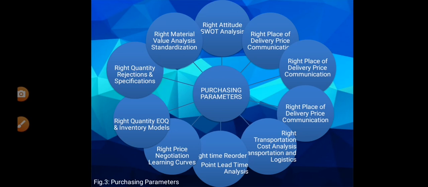Next is the right quantity. So, the right quantity is the most important parameter in buying. The concepts such as economic order quantity, the economic purchase quantity, fixed period, and fixed quantity system will serve as broad guidelines.